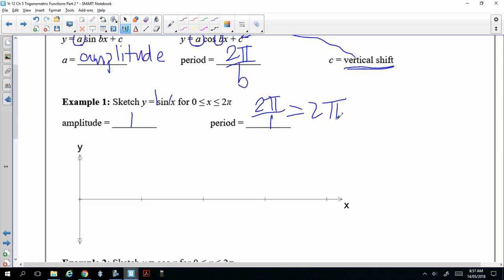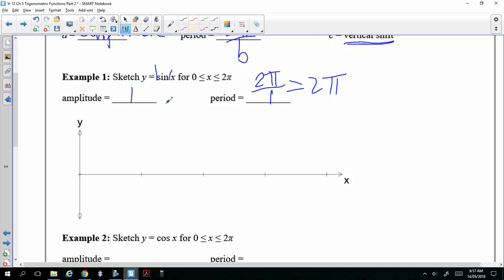Okay. So we've got the period and the amplitude. What does the amplitude tell you? It tells you the graph goes between 1 and -1. So you do that first, because that's easy.